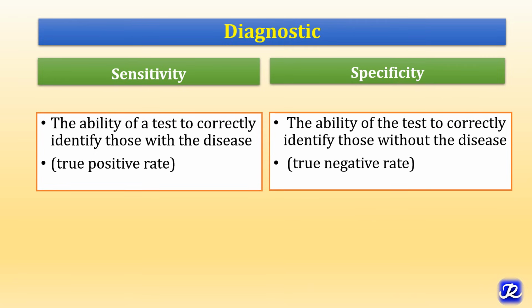Specificity is the ability of a test to correctly identify those without the disease. If anyone doesn't have the disease and the test gives a negative result, then the test is called specific, because it is the indicator of the true negative rate. So this is the difference between diagnostic sensitivity and diagnostic specificity.